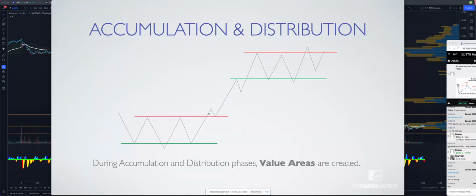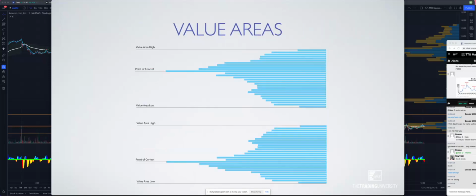You can see in this example we have our resistance level within our lower value area, and as the price breaks and retests it, it goes pretty quickly to the next value area, and that value area low actually will act as resistance sometimes between two value areas, where it will reject and then potentially try to reclaim. So you can see that in these multiple value areas.